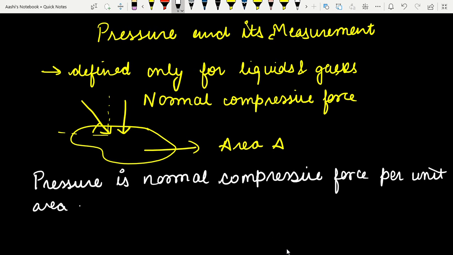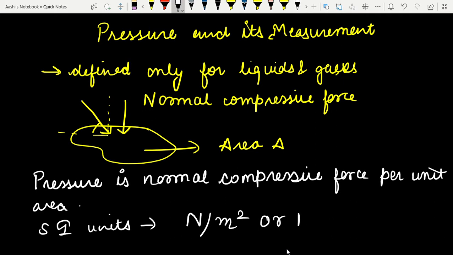Now, what are the units in which we measure pressure? There are many units for pressure. Force is basically measured in newtons and the area SI unit will be meter square. So one very basic unit will be Newton per meter square, and this is also called Pascal. So 1 Newton per meter square is equal to 1 Pascal.